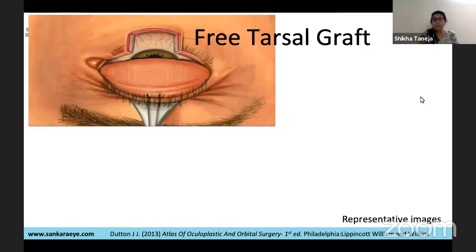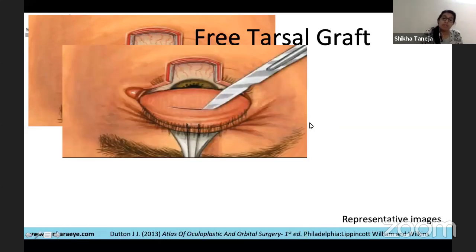What we do is evert the eyelid over a Desmarres retractor and, some 4 millimeters from the lid margin, we make a horizontal incision in the tarsus, taking care not to damage any other structure. Skin is not to be damaged in this. It's not a full thickness one, just a tarsal incision, and extend it vertically up to the upper border of the tarsus.